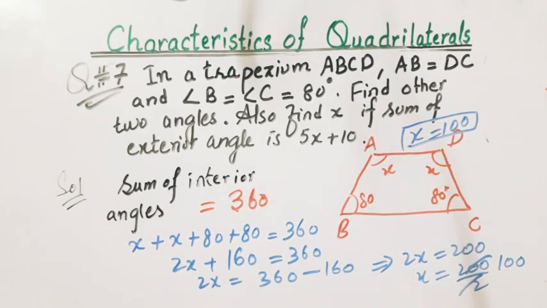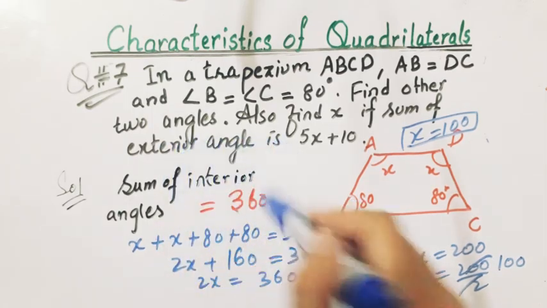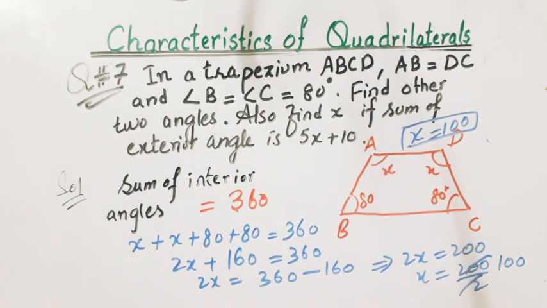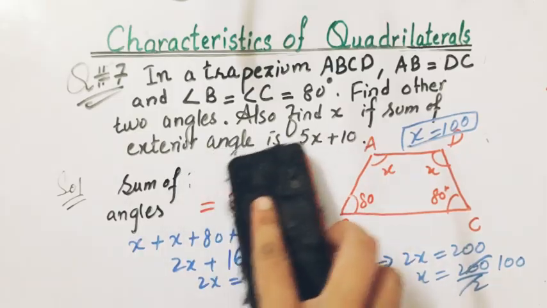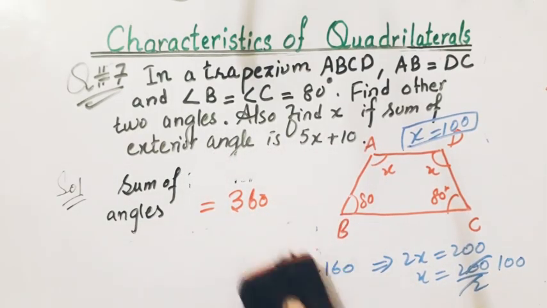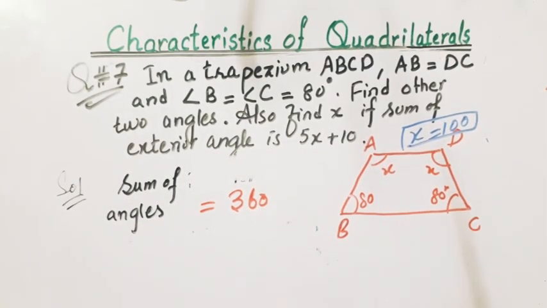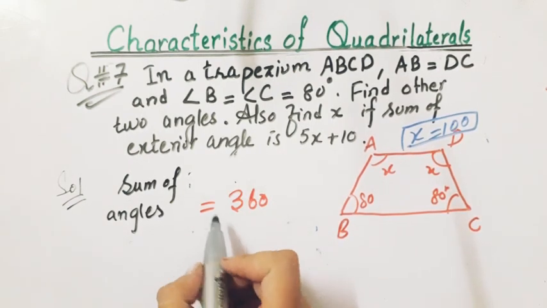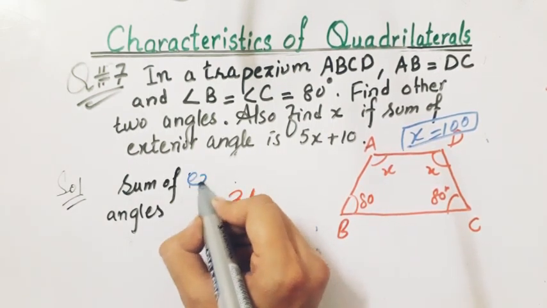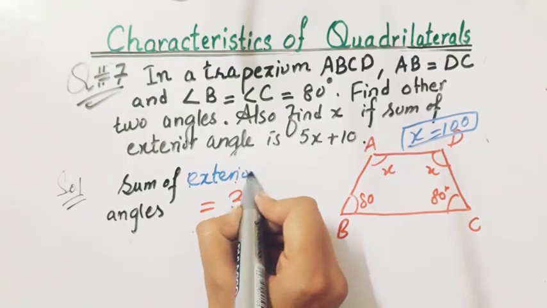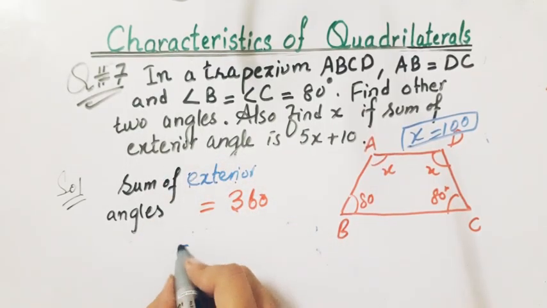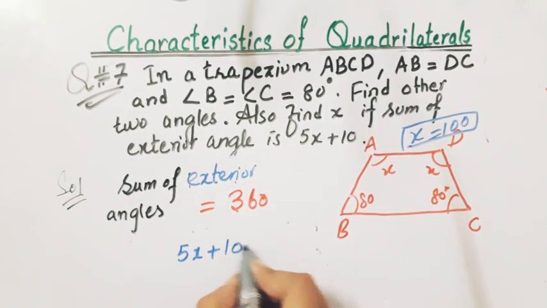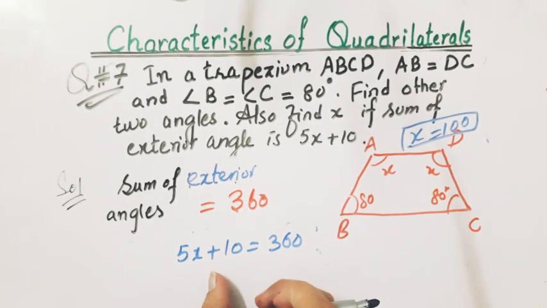Now we will solve the next part. It says find the exterior angle. So the point is clear: whether the angle is interior or exterior, the sum is 180 or 360. So the sum of exterior angles. Now the exterior angle is 5x plus 10, so you have to find the value of x.